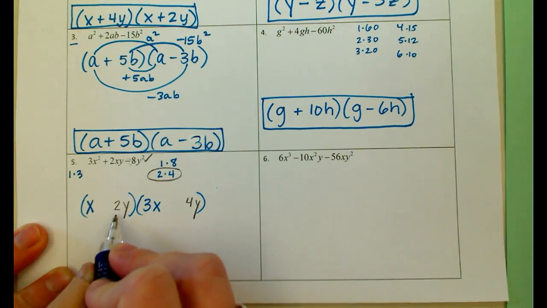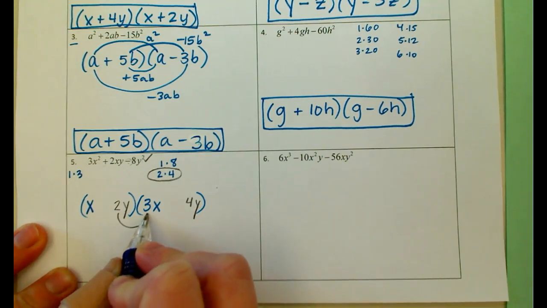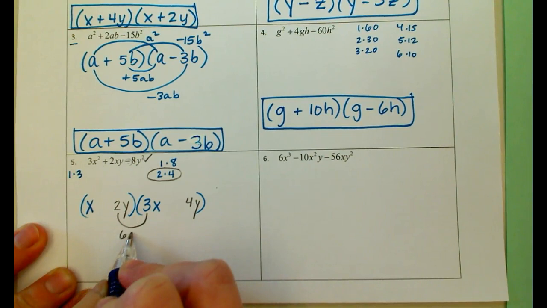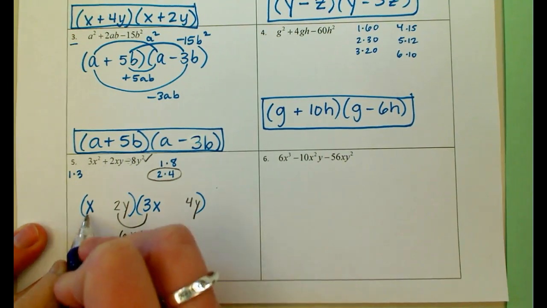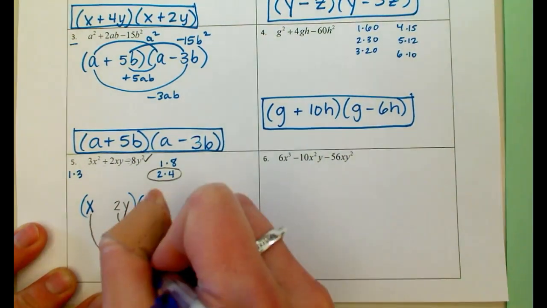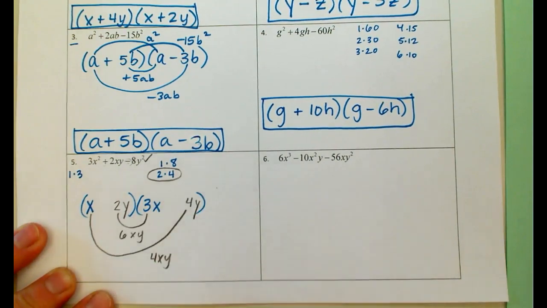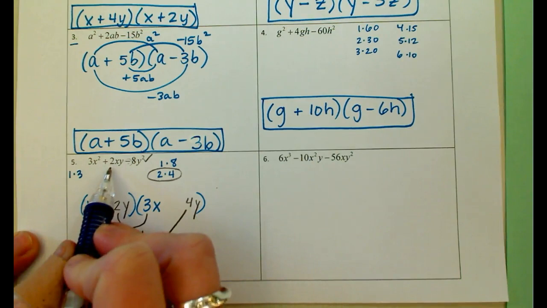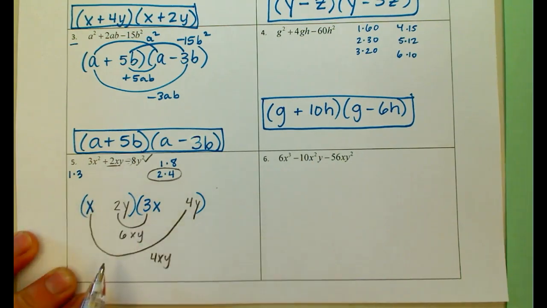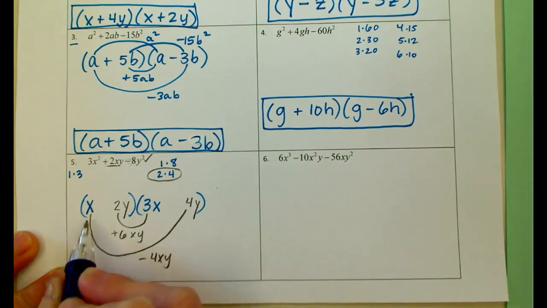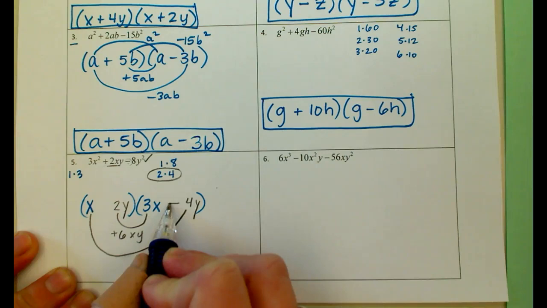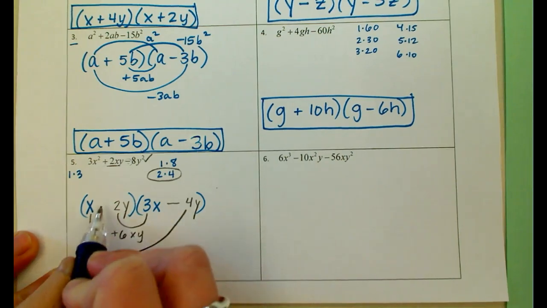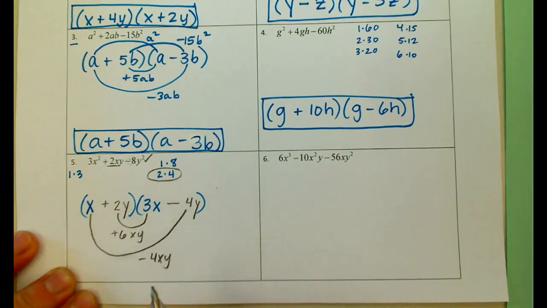Then I'm going to multiply these out. 3x times 2y is 6xy, and x times 4y is 4xy. Well, I need one of them positive and one of them negative. If I'm going to end up with 2xy positive, I need my 6 to be positive and my 4 to be negative. So this term here was negative 4y, and this term here was positive 2y.